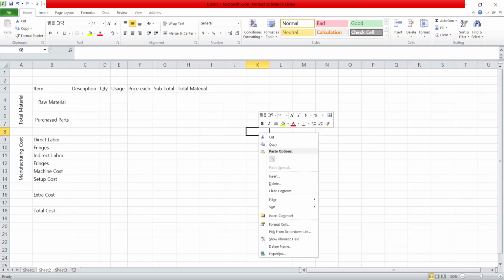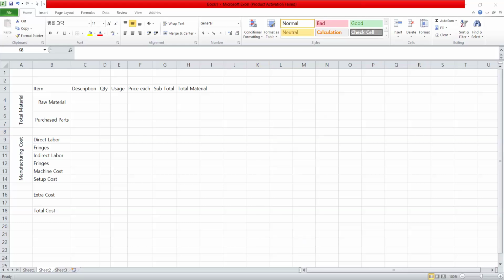Just on this screen, do Control V, you will get it.